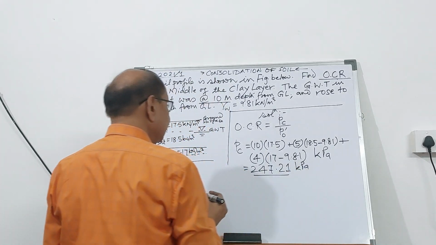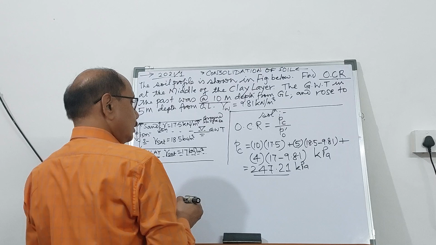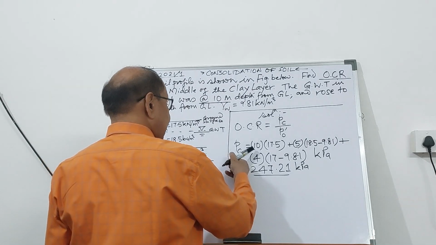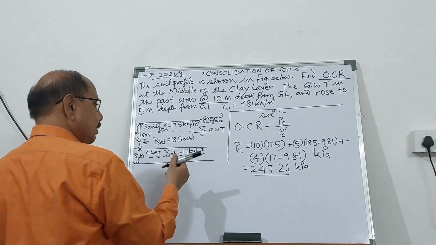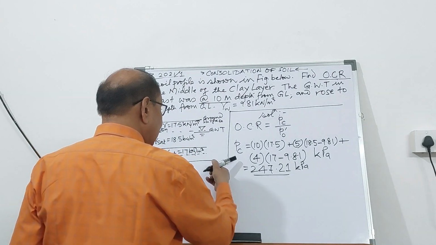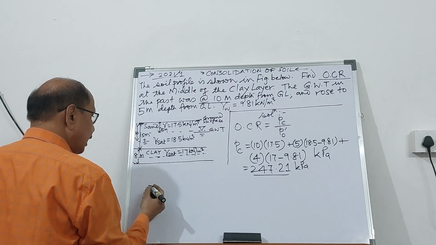This is pre-consolidation pressure when water table is at lower depth in the past. So in the past, pre-consolidation pressure was calculated.